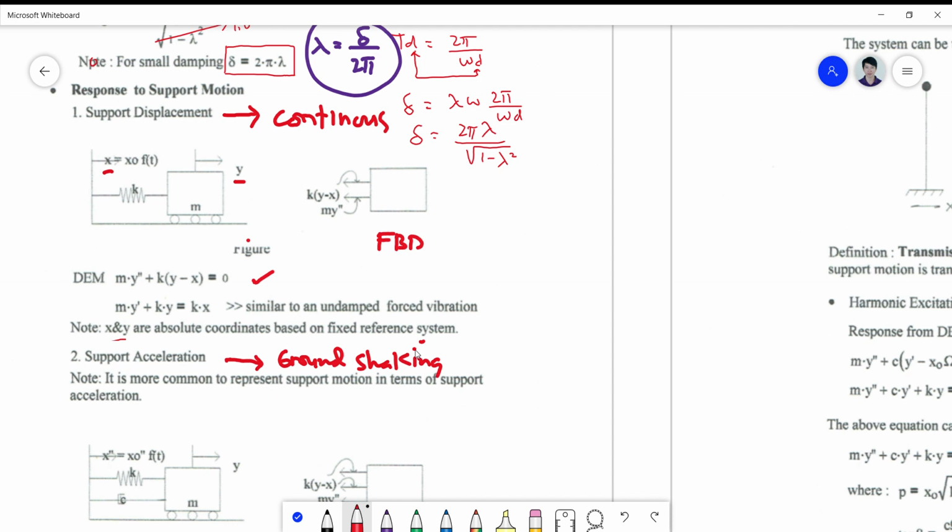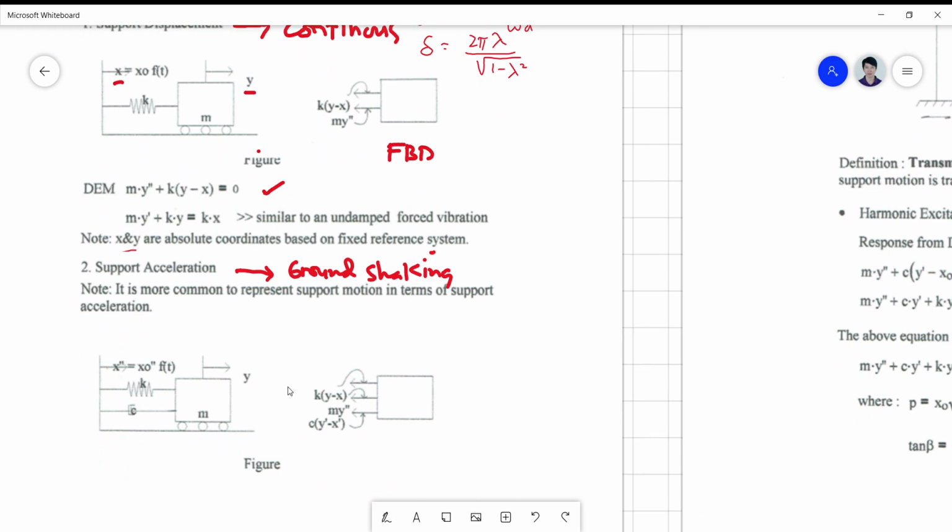If we just change the displacement variable into the acceleration variable, all we need to do is to put an x double prime here and then x0 double prime to represent acceleration parameters.